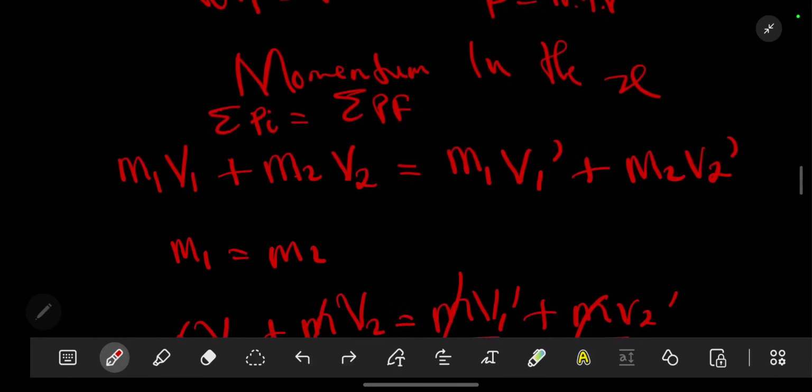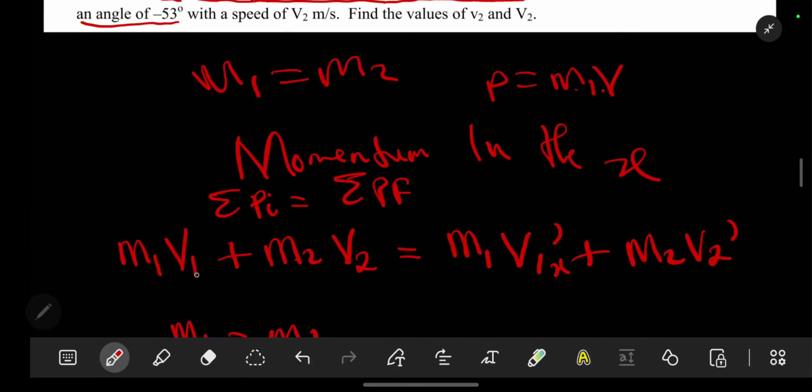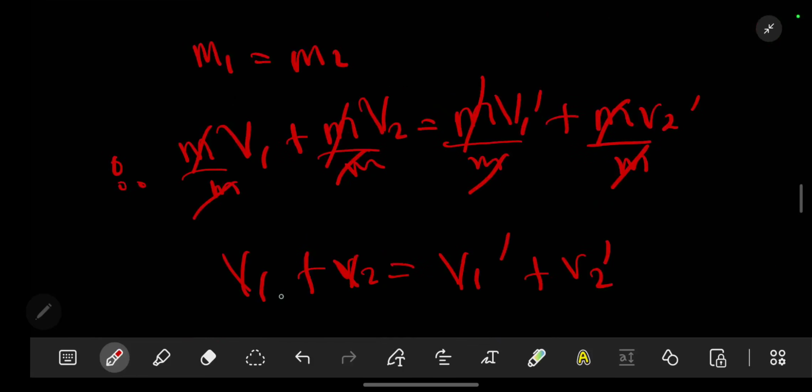So the only thing that we are going to add to this is x, everything. Let's just put x like that, because that's momentum in the x.